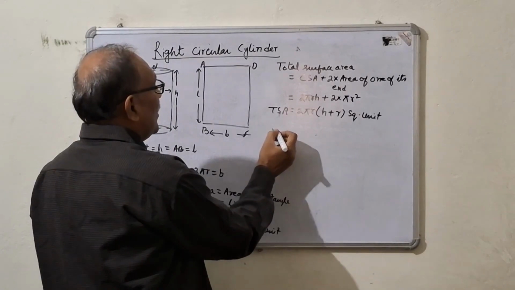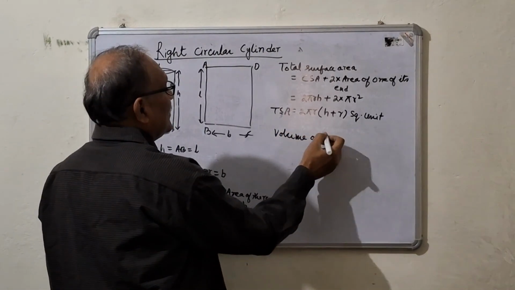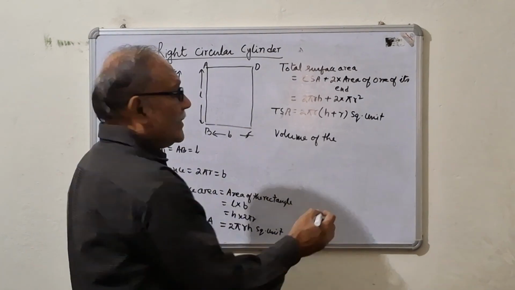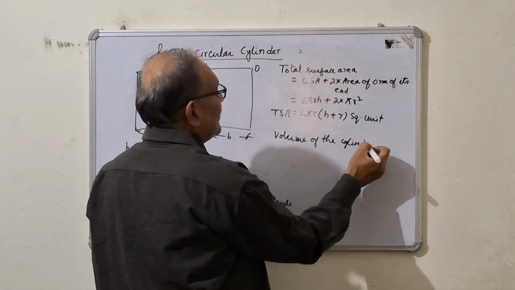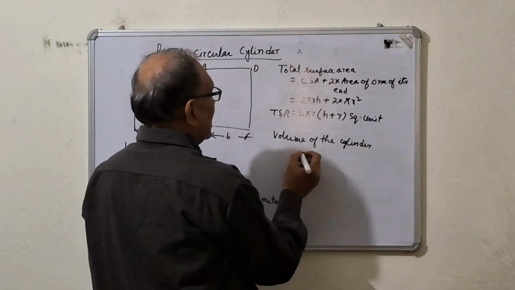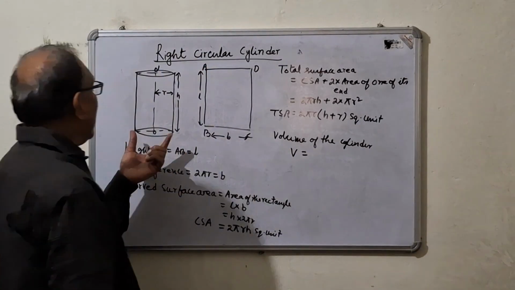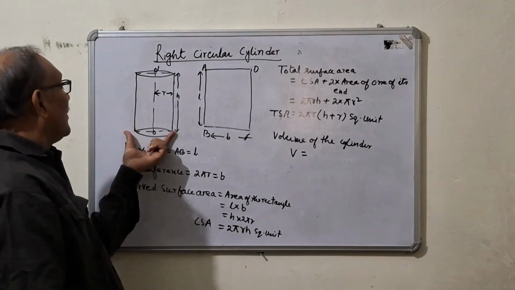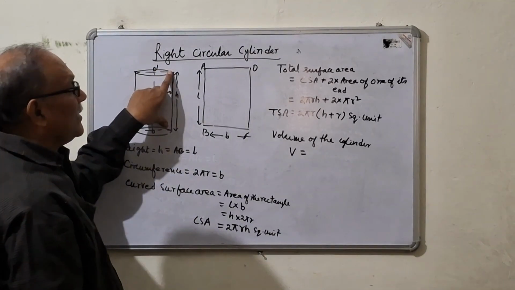Now the volume of the cylinder will be V equals area of the base of the right circular cylinder multiplied by the height of the cylinder.